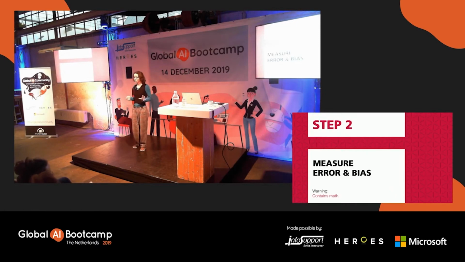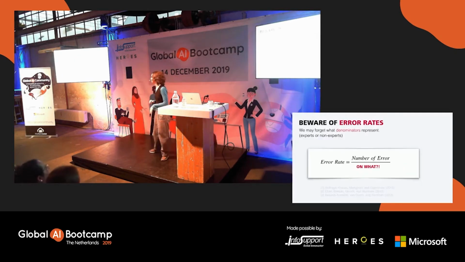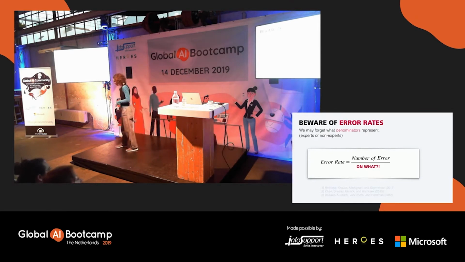Okay, now we have some definitions. Now we know what we're talking about, and what we need to do is to measure those errors to identify the biases. And now there will be a little bit of math, but you should be able to handle it. So I want to talk about error rates.